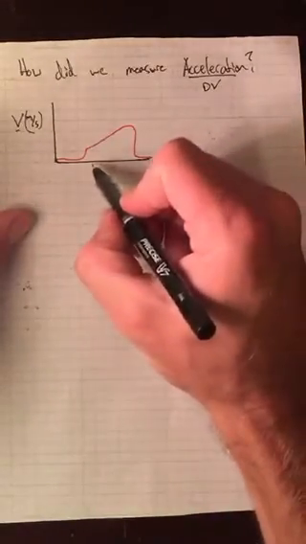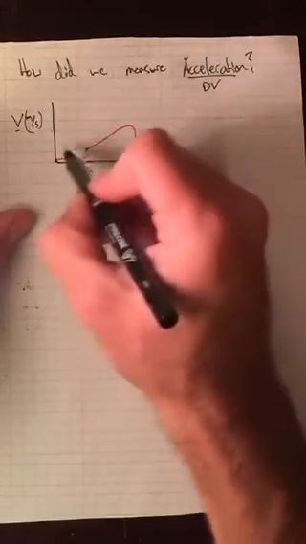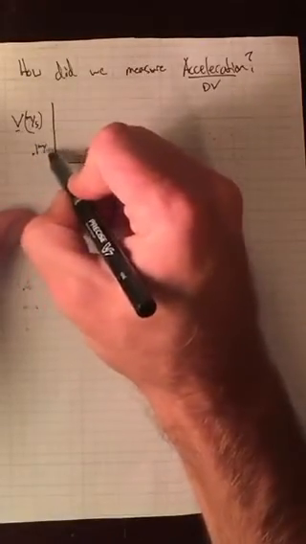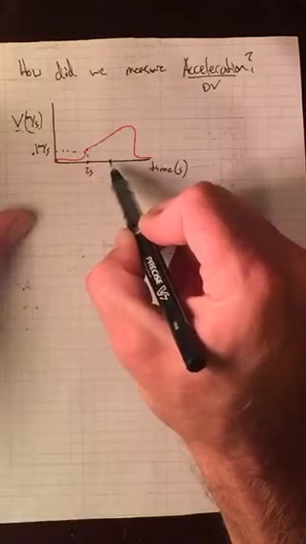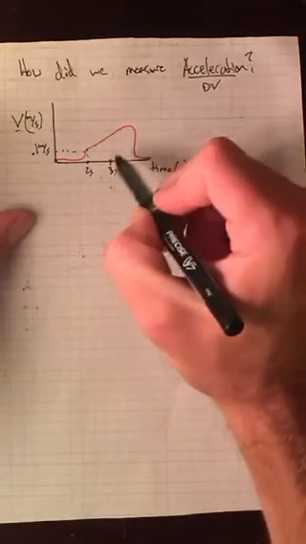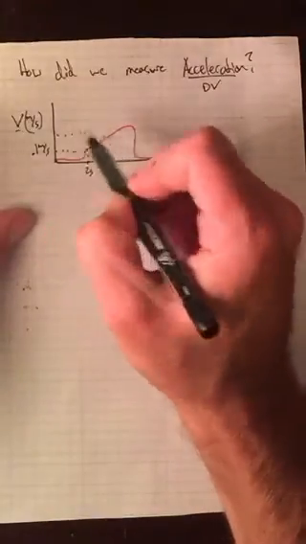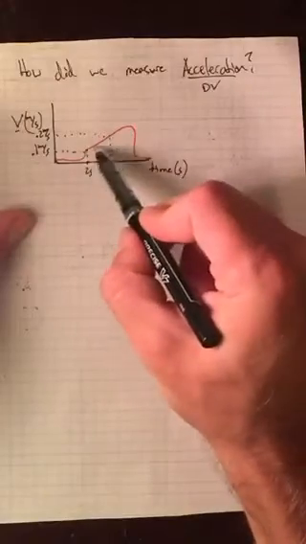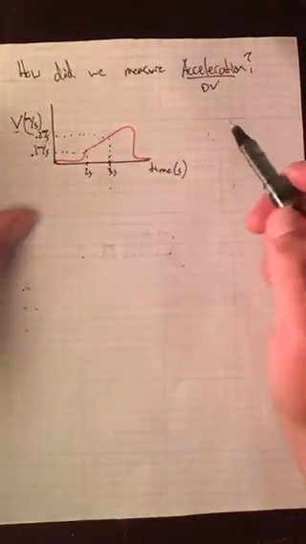So if you look right here at 2 seconds, it's got a certain velocity. Maybe the velocity is 0.1 meters per second. And over here, at 3 seconds, the velocity was 0.2 meters per second. So at this point in time, maybe I need to zoom in on that.